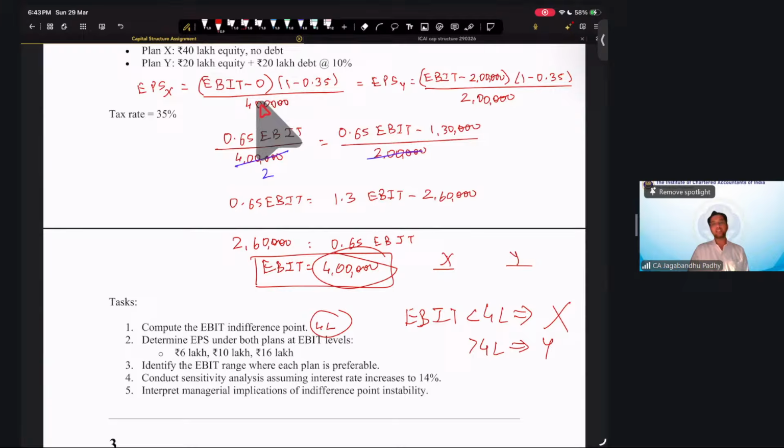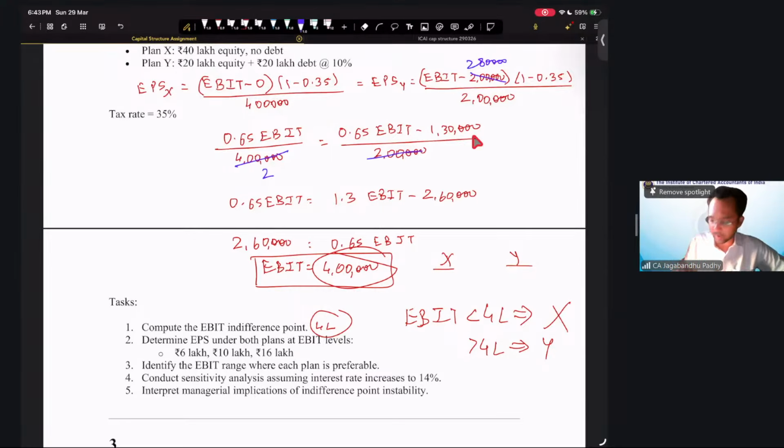You're going to create this equation in a similar way, but the change is that interest is not going to be 2 lakh, but rather the new interest value, 2 lakh 80,000. You do EBIT minus 2 lakh 80,000, and then you do the recalculation and you get the new EBIT.